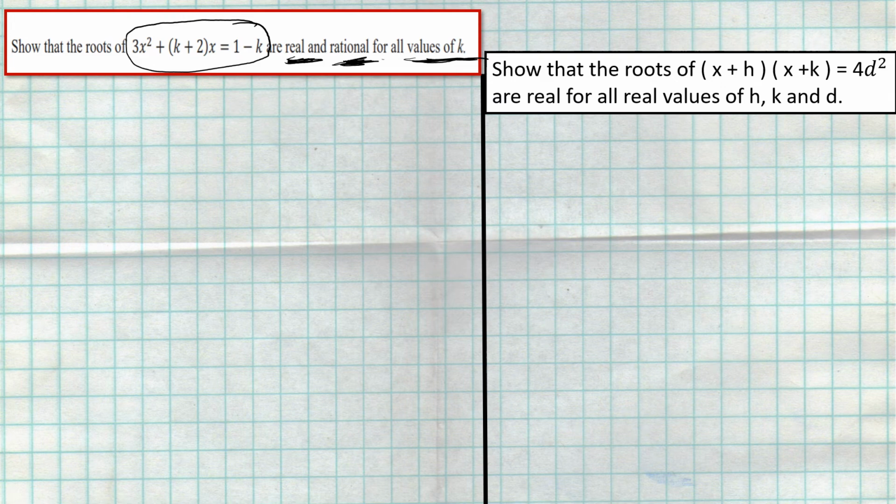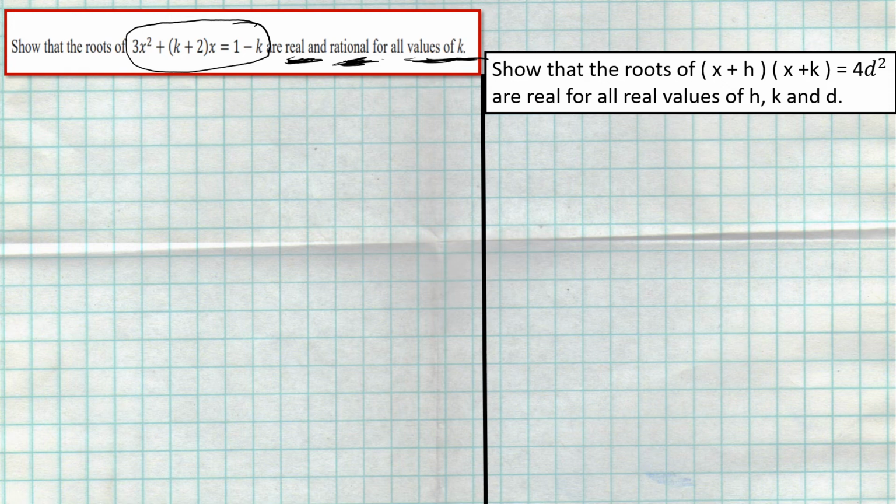In this question you definitely have to calculate delta, and simplify it. At the end you show that it's greater than or equal to 0. The only way to show that the roots are real is to know delta and show that it is greater than or equal to 0. That's what they want.